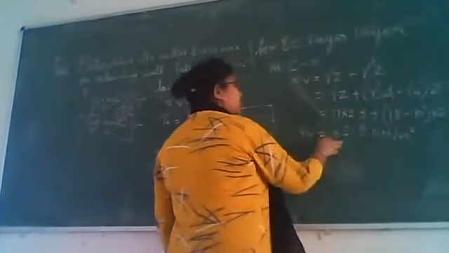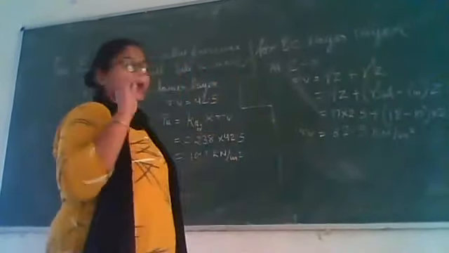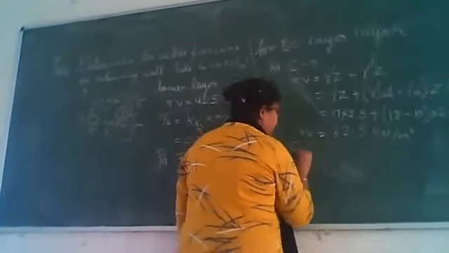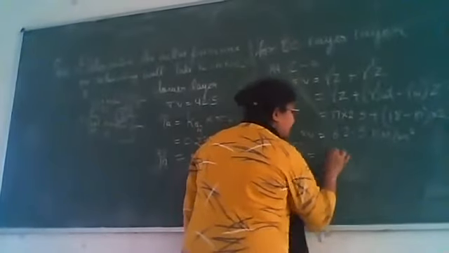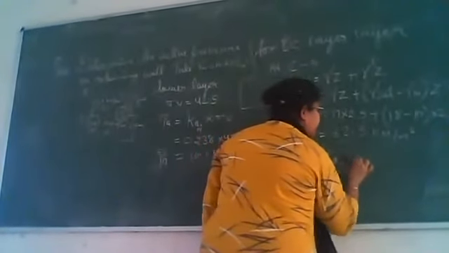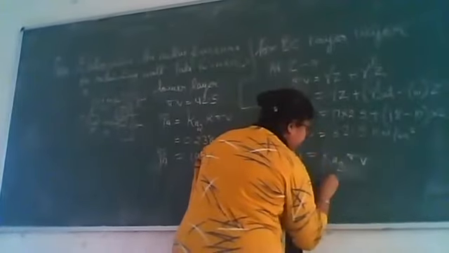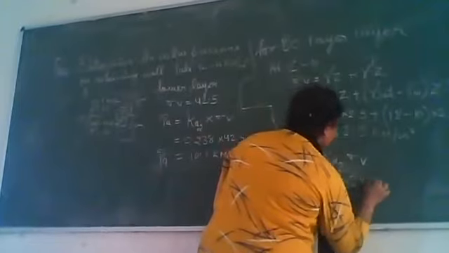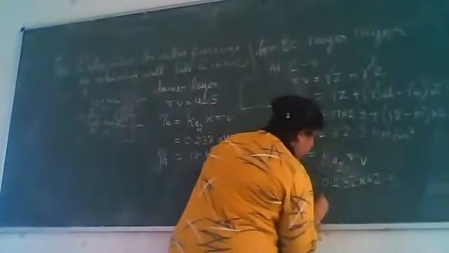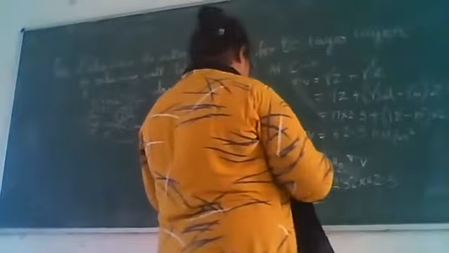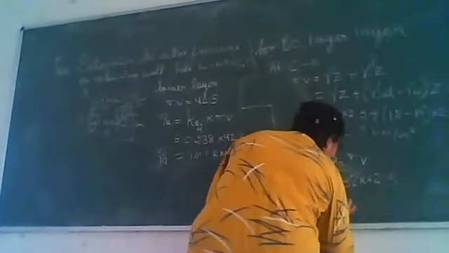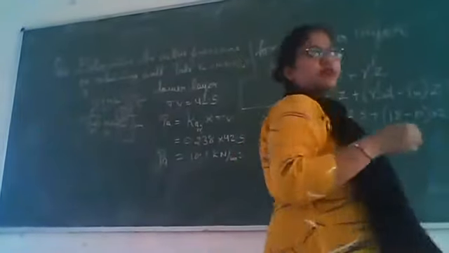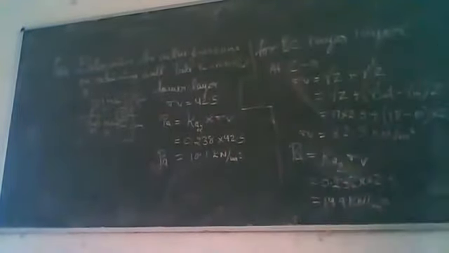This is my sigma V at the C layer. Then PA is Ka2 multiplied by sigma V. What is Ka2? 0.238 multiplied by 62.5. The solution of this equation is 14.9 kilonewton per meter square. This is my solution at the C layer.